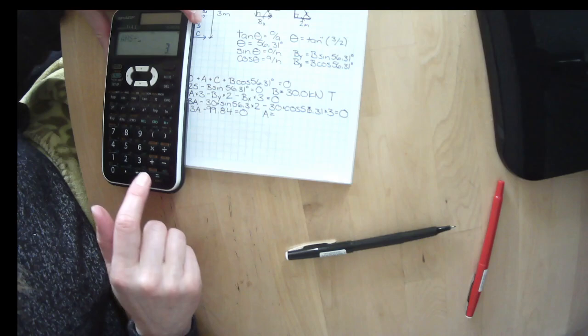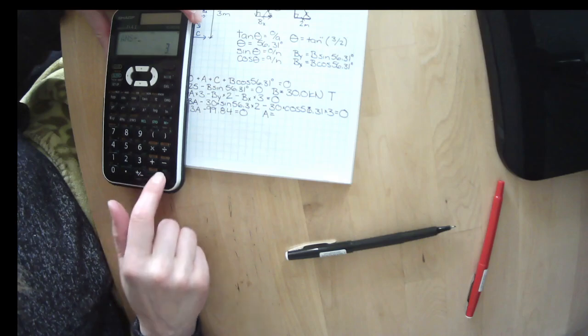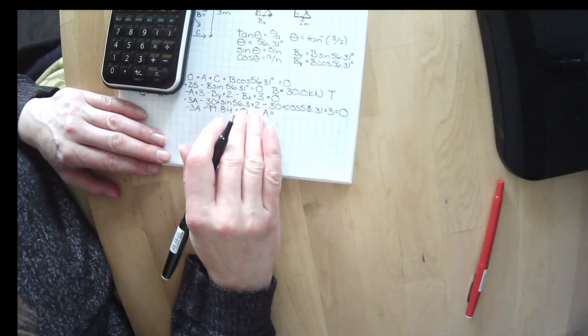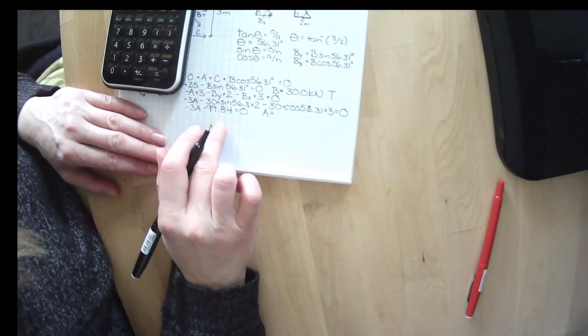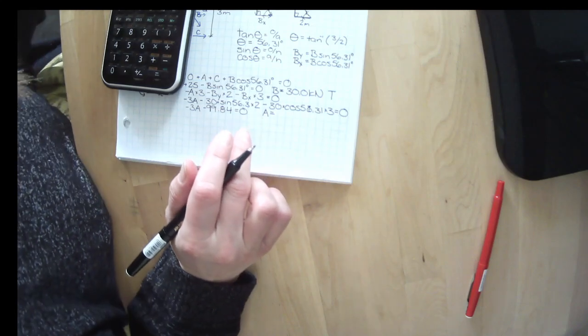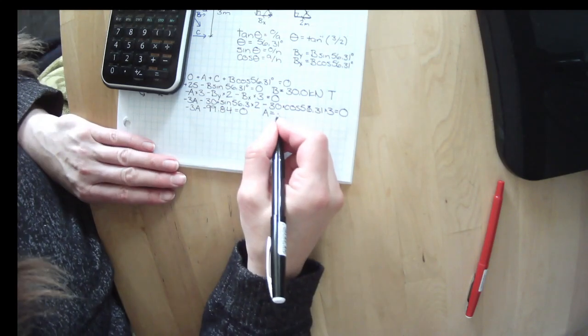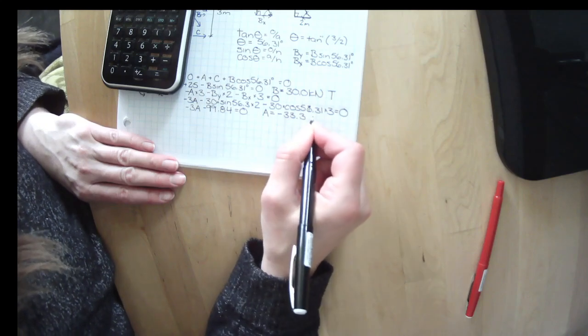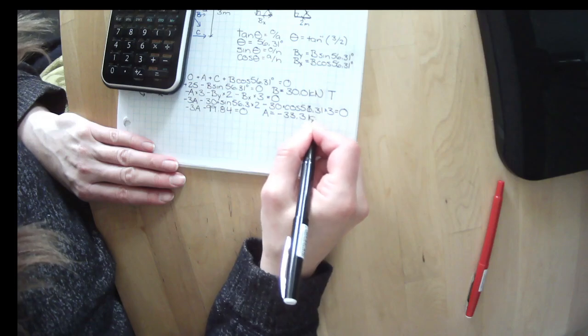So A equals... we bring this over and it becomes a positive number, but then we're dividing by minus 3. And we get A equals minus 33.3 kilonewtons.